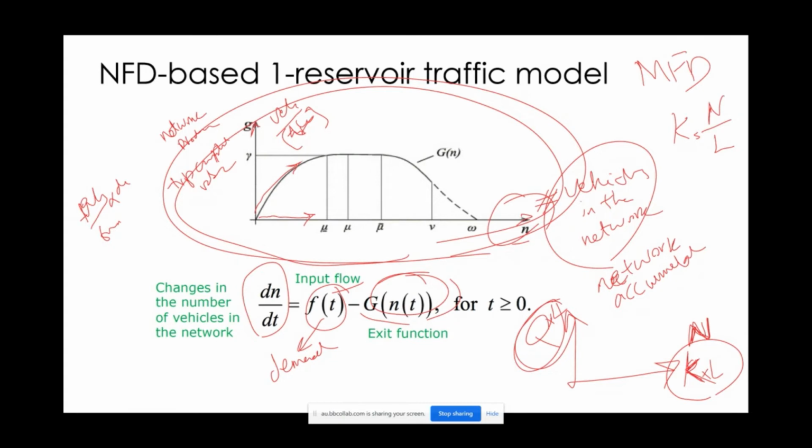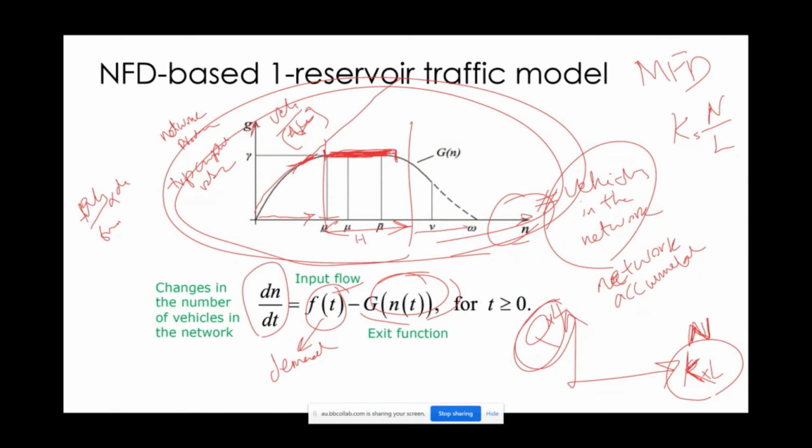But then at some point, in a range when the number of vehicles in the network is large, things are becoming a little bit congested, and we no longer see an increase in the trip completion rate. Rather, the trip completion rate reaches a maximum point, very similar to maximum flow or capacity. So the network production is limited to this maximum point here.